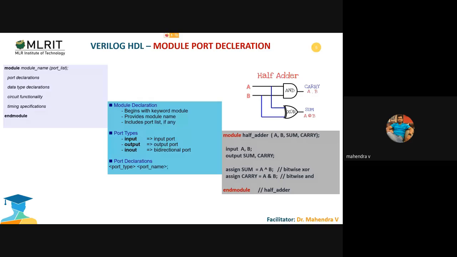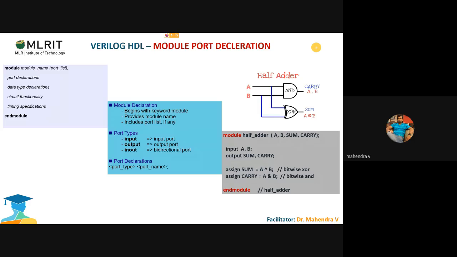Now we need to follow some rules to form identifiers. Whenever you give a variable name, port name or module name, whatever names you put in Verilog and C language, we have to use only alphanumeric characters and underscore.